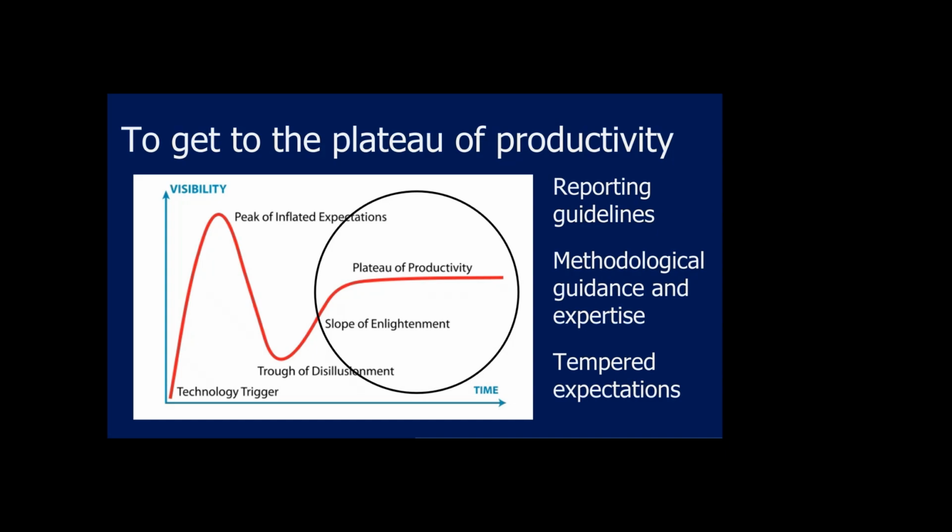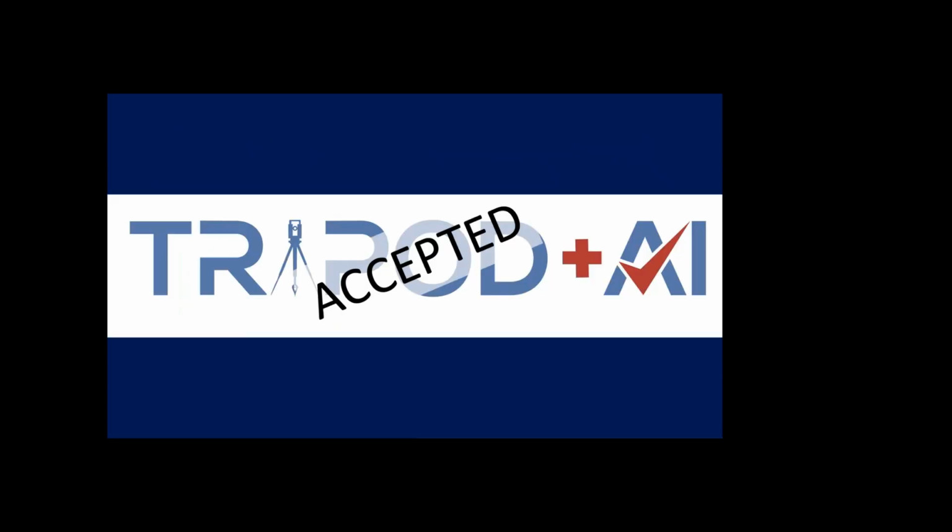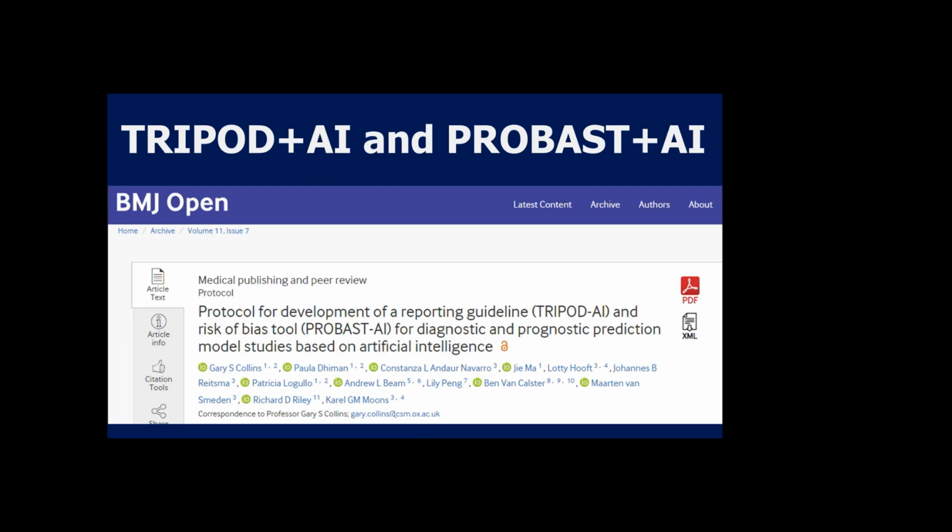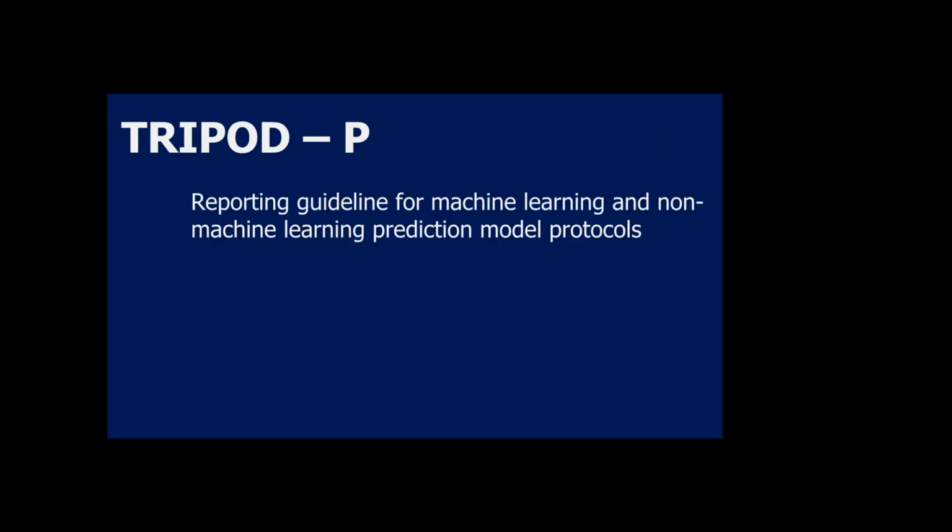And in terms of how this is moving forward, we've had TRIPOD+AI, which is the reporting guideline for both regression-based and non-regression-based prediction models. TRIPOD+AI has been accepted for publication, so that should be out in the coming months. We're also working on PROBAST+AI, which is in the works.